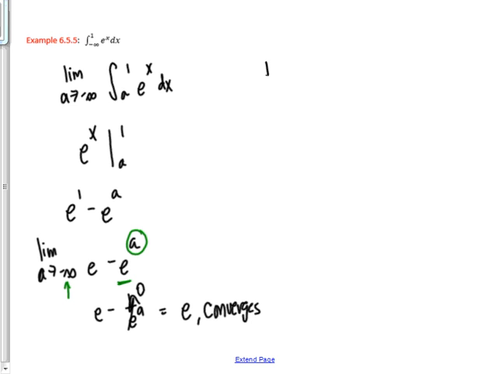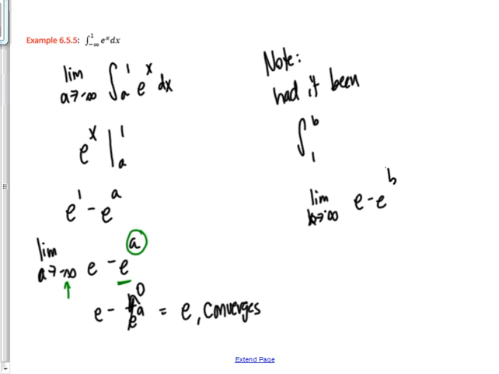Now, had it been the integral from, let's say, 1 to b, with the limit as b approaches infinity of that same thing, then you're plugging in positive numbers here, so that stays on top, and that would diverge.